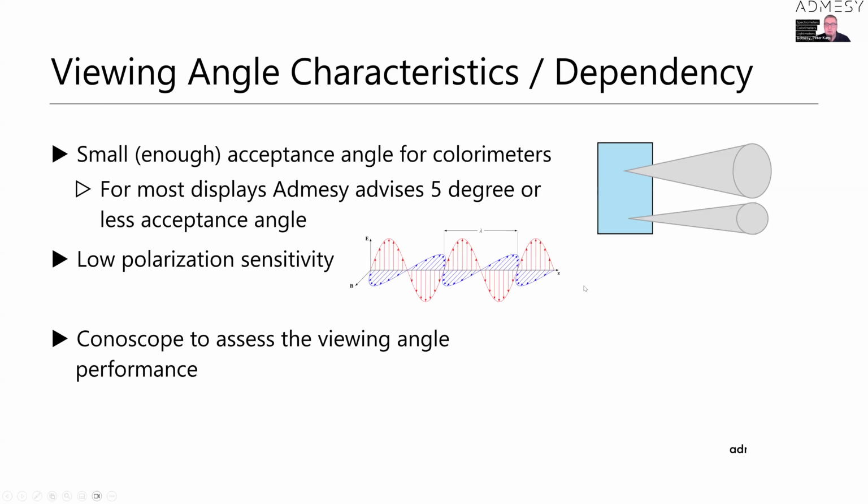And then for some instruments, it's also important that you have a low sensitivity to polarization so that you don't get errors depending on the polarization direction of the light.